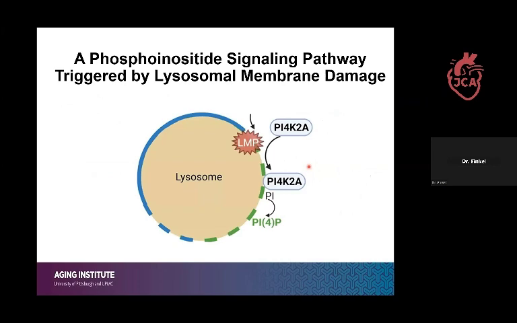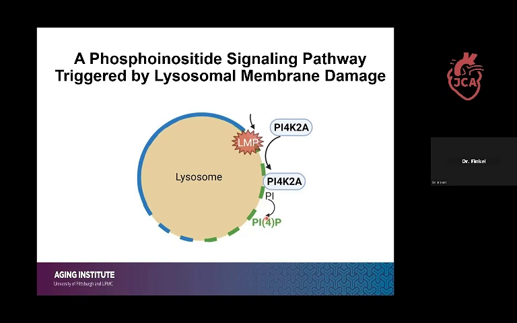So just to summarize what I showed you before: the lysosome is damaged, you recruit this kinase to the surface of the lysosome, and this then generates a novel lipid on the surface of the lysosome. There is phosphoinositide on the surface of the lysosome, but now there's a new phosphoinositide, PI4P, okay?